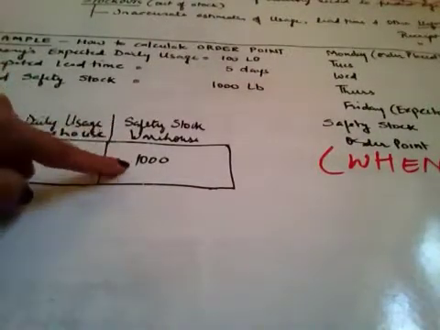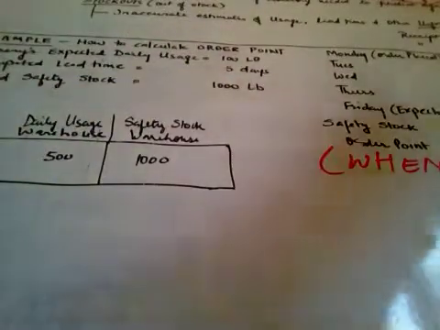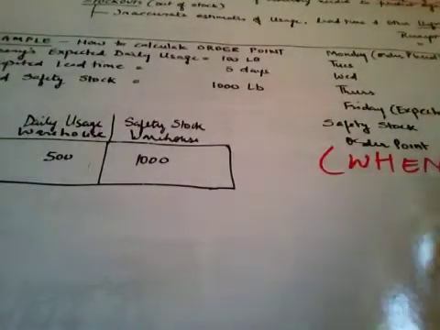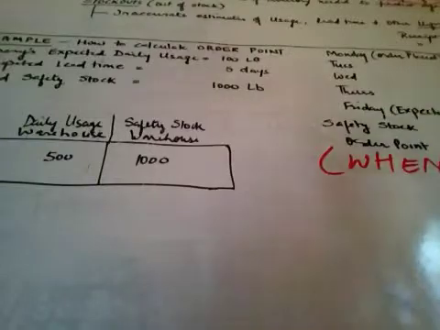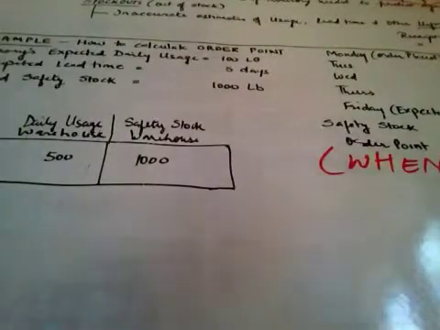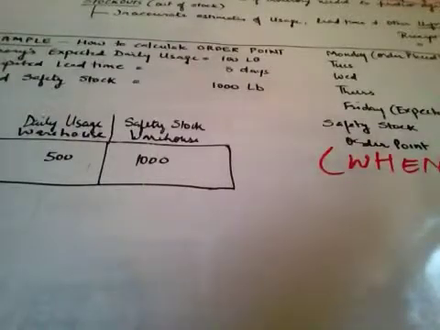Plus there should be something also in the safety stock. What if the material that they ordered they didn't receive in 5 days? It got late, and it's going to take 3 more days for them to receive the material. How are they going to work during those 3 days?